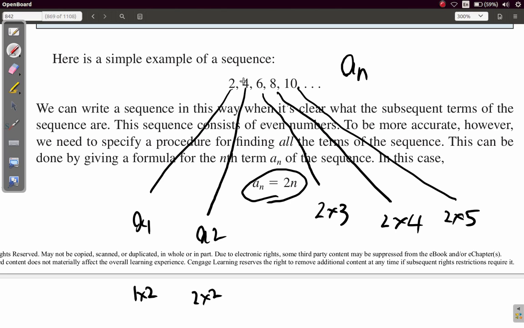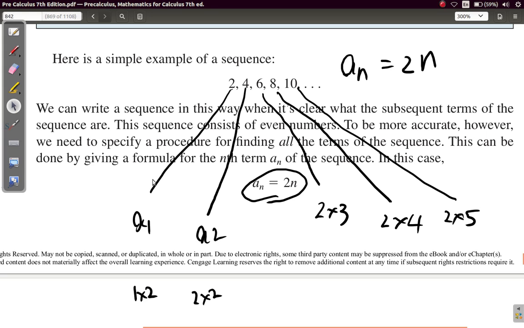So to get the nth term, you multiply the position n by 2. And that's what they did to get a_n equals 2n here. So that should be clear, all right? So there you go with that.